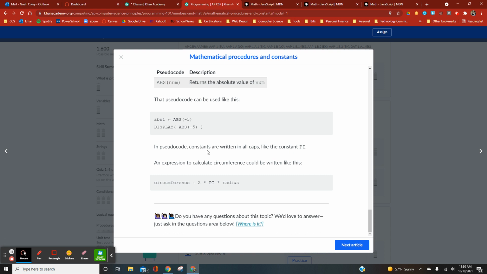In pseudocode, constants are written in all caps, like the constant PI. An expression to calculate will be written like this: circumference ← 2 * PI * radius. Notice radius and circumference are not capitalized. PI is capitalized because it's one of those constants.